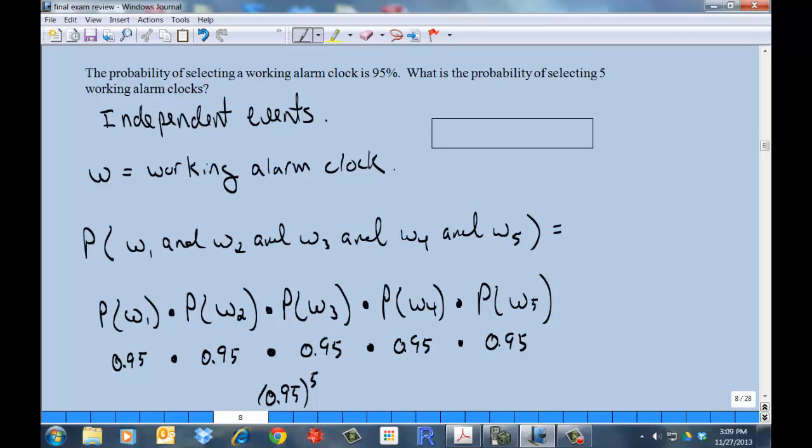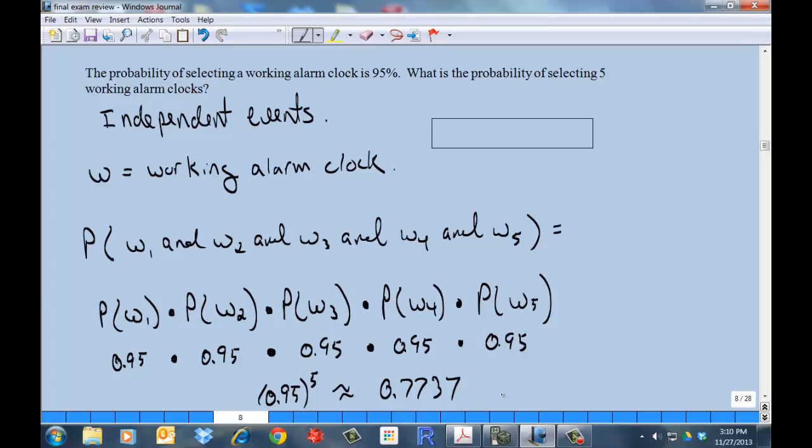And I'm kind of curious about this one. What is the actual probability here? So this is approximately equal to 77.37. So approximately 77% of the time, if we select 5 alarm clocks, then all 5 of them would be working.